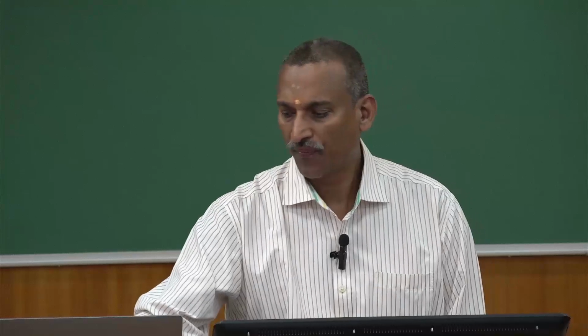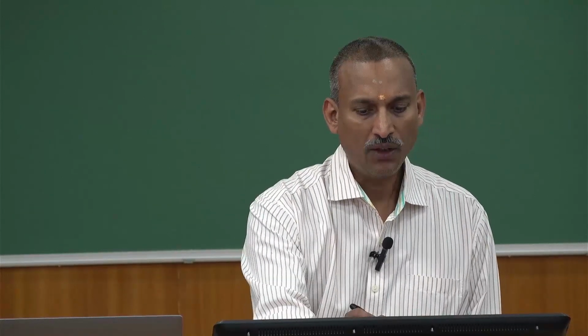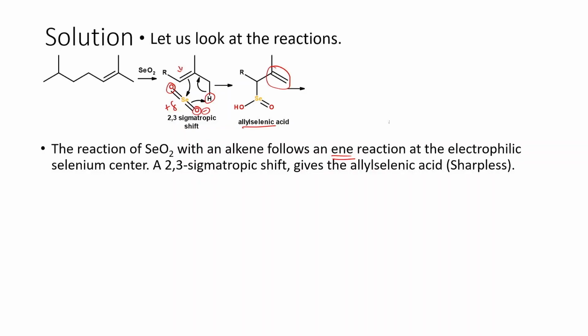This follows a 2,3 sigmatropic shift that results in the formation of allyl selenic acid. One of the oxygens pulls the hydrogen from this substrate and gets converted to the hydroxide. If it is a carbon, we say it is a carboxylic acid. Since it is selenium, it is called the selenic acid. So we have an external double bond that is getting formed in the 2,3 sigmatropic shift.